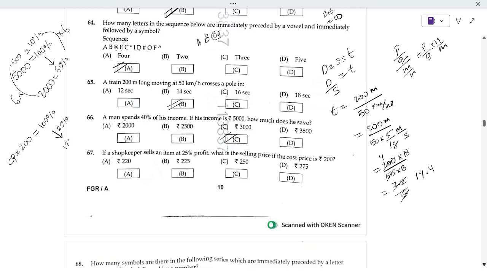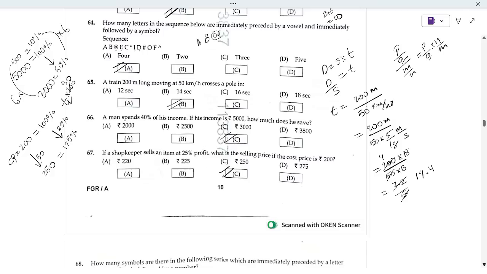That means here it will be 125%. 25% in terms of fraction is 1 by 4, right? So 1 by 4 of 200 rupees will give us 50. So 25% of 200 is 50, and adding 50 rupees to 200 gives 250. Yes, 250. So C is the answer.